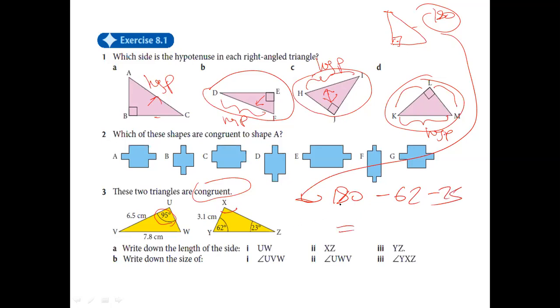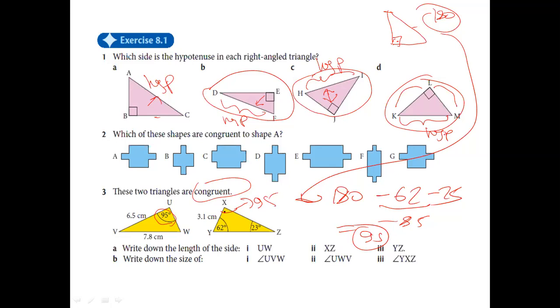We have 62 and 23, that is 85, so 180 minus 85 is equal to 95. So the third angle of this triangle is equal to 95. Our wider angle is 95.